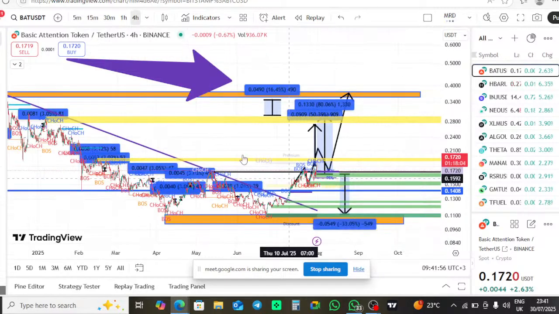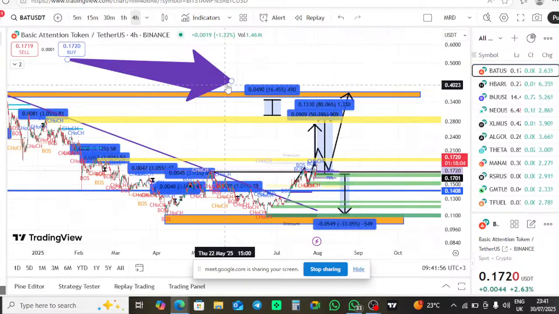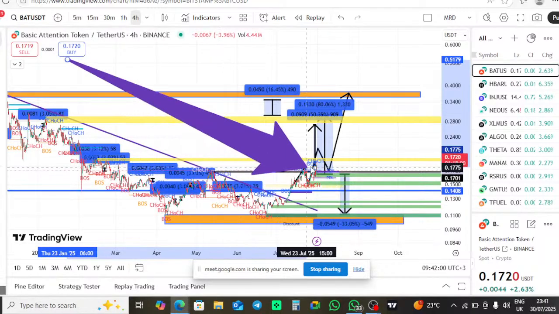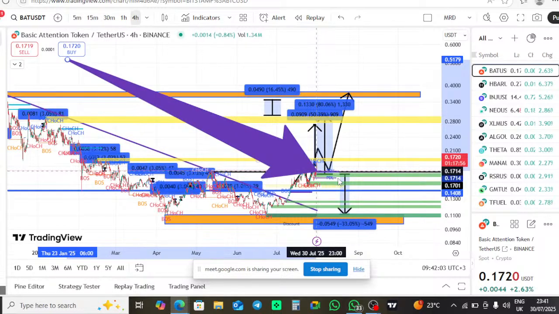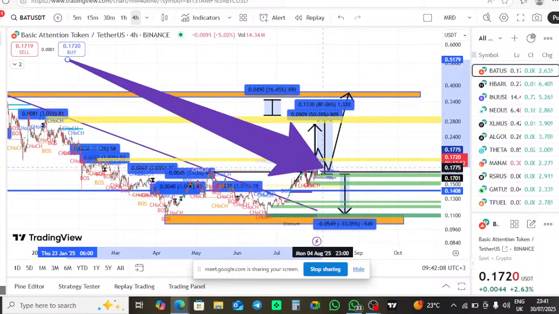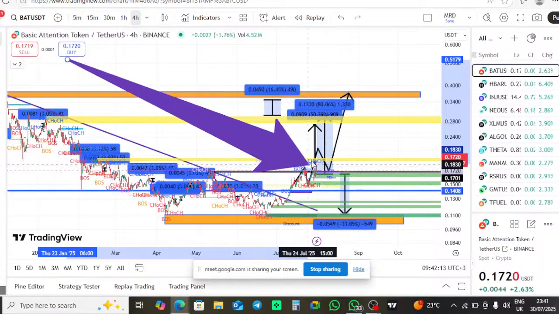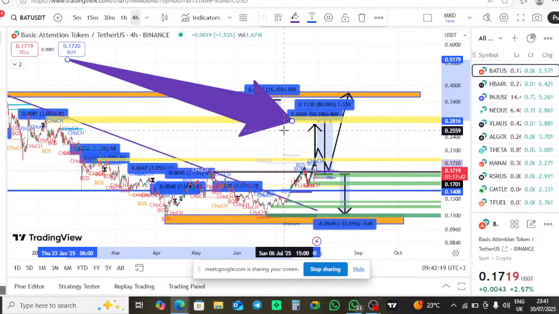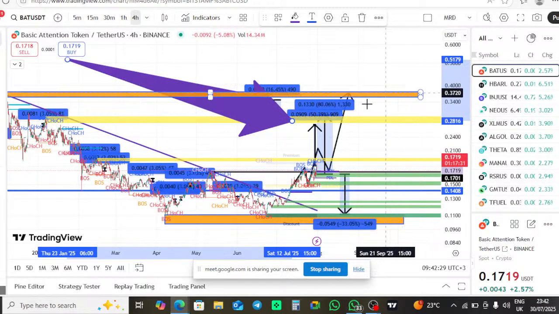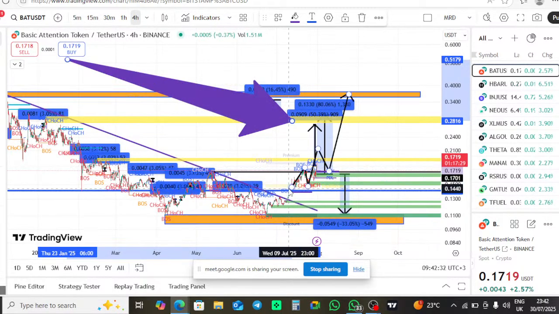This coin closed above this resistance, this black line, which was our previous resistance. Now that we closed above it, we can see the fair value gap being created at this level. Automatically, we expect this coin to come and hit this level. Are we together? If you are following the demand and supply, you must make sure that you followed it from the beginning, all the way from down.